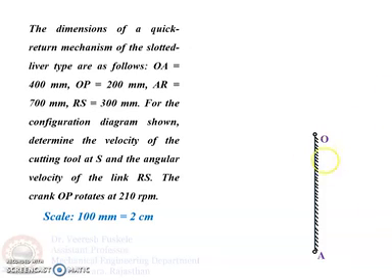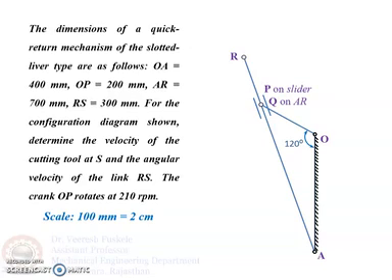From point O, we'll draw the crank OP at an angle of 120 degree. At the end of the crank, a slider P is pivoted, which moves on an oscillating link AR. So we'll join A to P and then extend to get AR of length 700 mm.